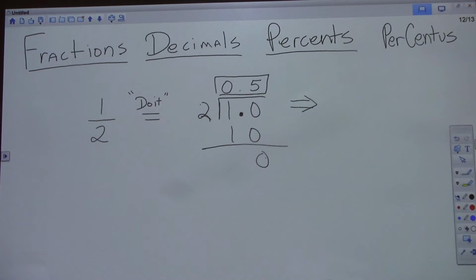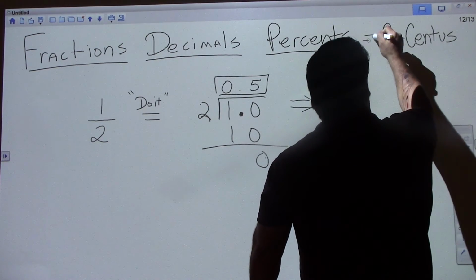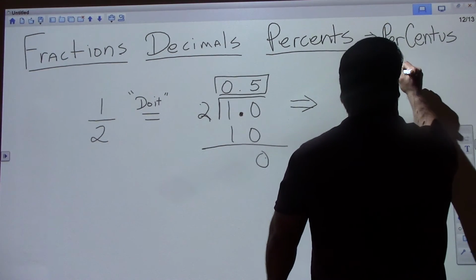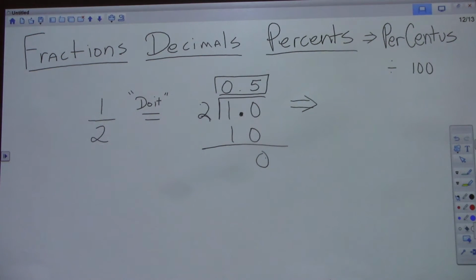Now what does per mean? Well, think of miles per hour. Miles over an hour. Miles divided by hours. Per means what? Divided. So whenever you see percent or percentus, that means divided by what? 100.